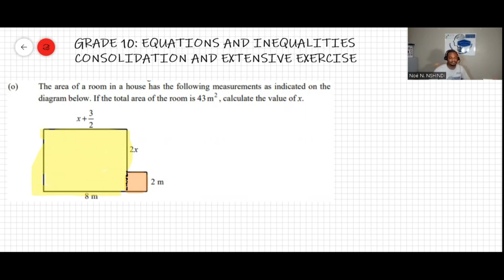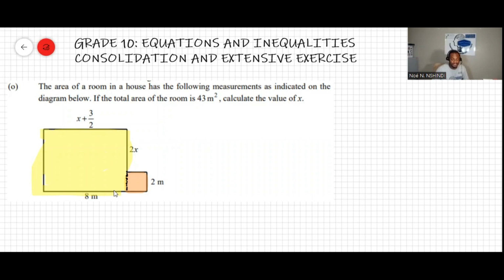The measurements are like this: we can see this part is x plus 3 over 2. Over here is the whole thing, which is 8 meters. If this part is x plus 3 over 2, this part also will be x plus 3 over 2, from only the yellow parts.